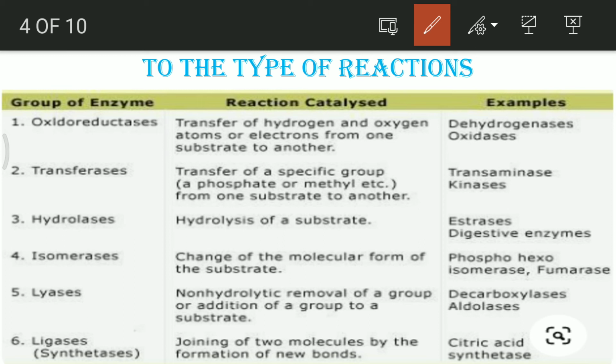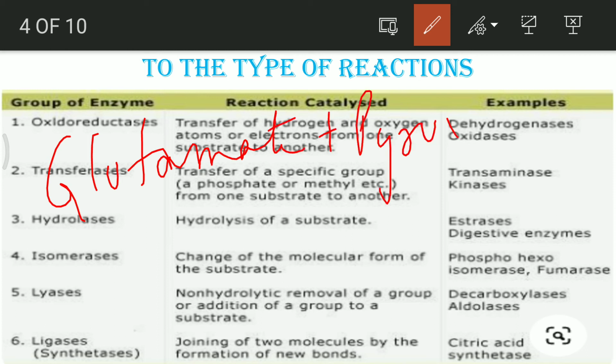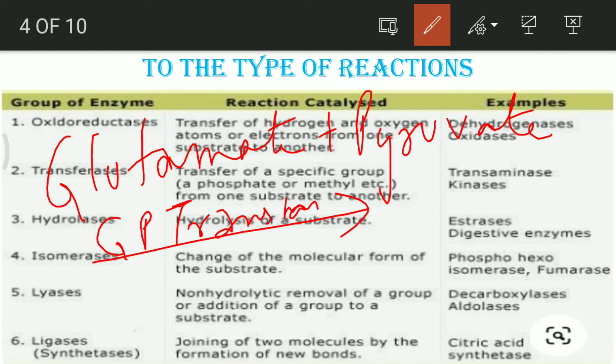glutamate. When glutamate is added with pyruvate in presence of glutamate pyruvate transaminase, which we have already discussed about. So glutamate, pyruvate, and in presence of glutamate pyruvate transaminase, the amino group will be added.